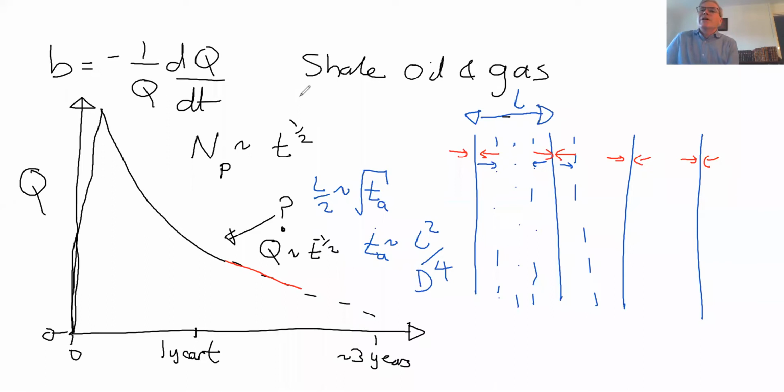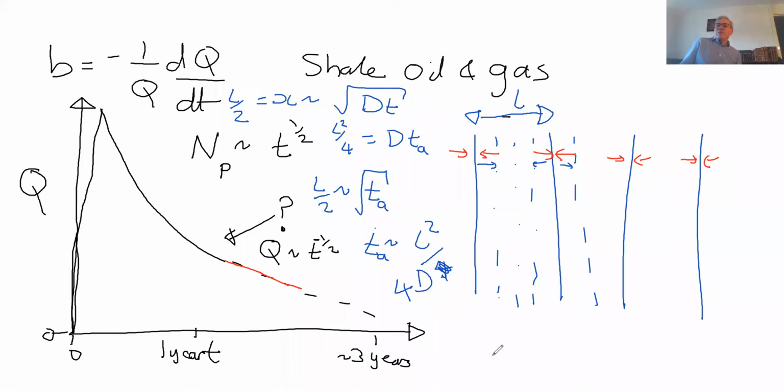So the distance that you move, x, goes as root Dt. When x is L over 2, then L squared over 4 is equal to Dt, and when t is t_A, then D t_A is L squared over 4 times the diffusion coefficient.